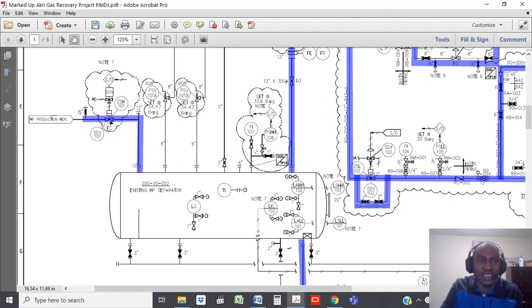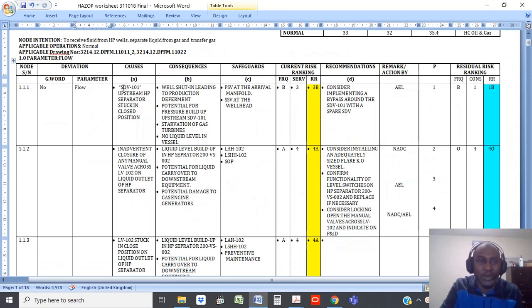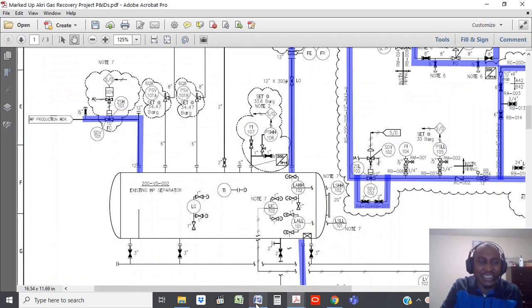For whatever reason, it could actually fail in a closed position. So when that happens, automatically you have no flow coming into the separator. So the HAZOP has picked that up. So SDV 101 upstream HP separator stuck in closed position. So that is the first deviation, and that is the first cause of no flow.